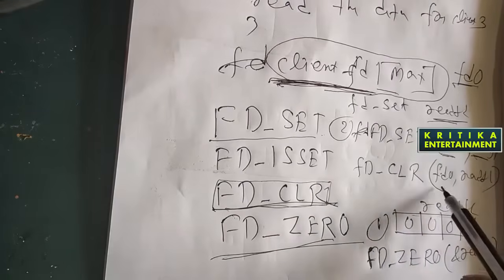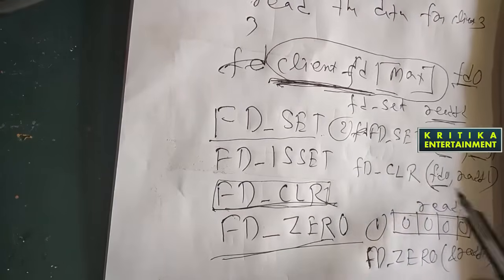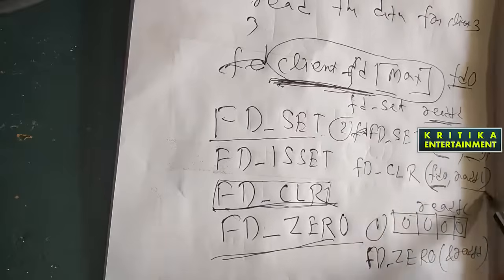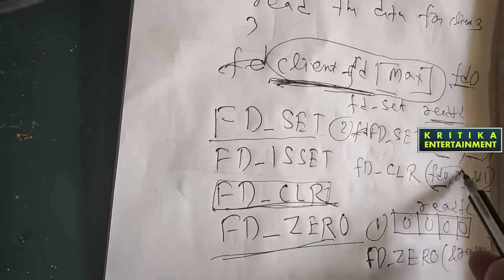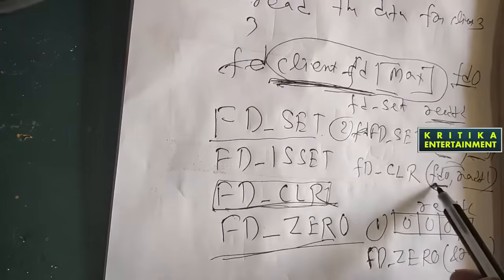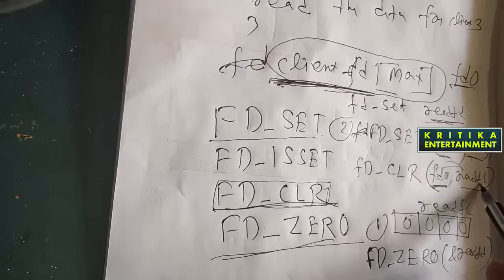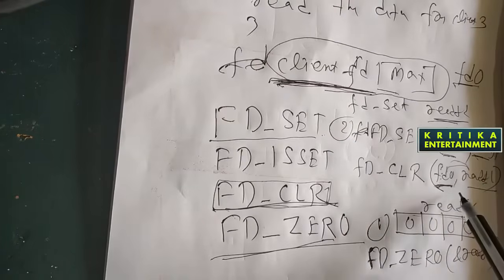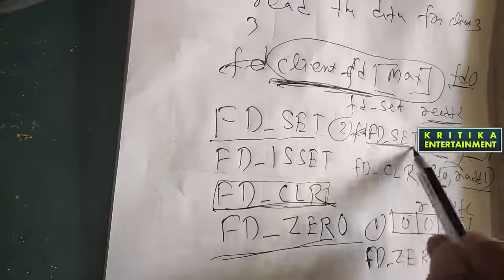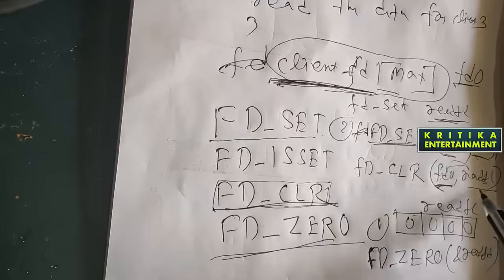That means this FD will be cleared from the read FD, that means it is disconnected. That means this FD 0 is not presently in read FD. If you want to add it again, you can use FD_SET. So FD 0 will be written in read FD.